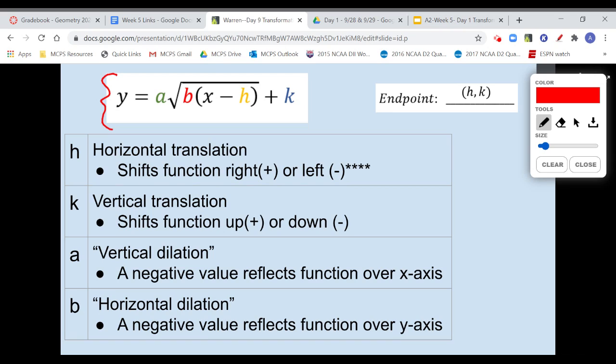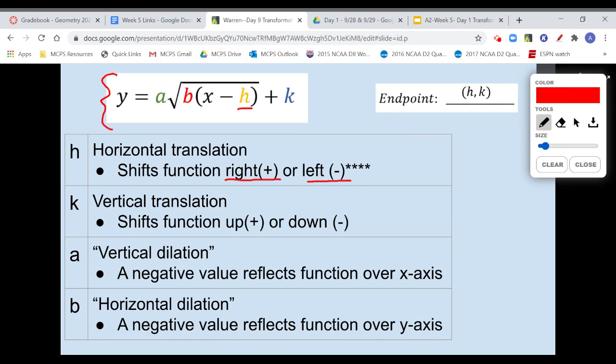If I put a number where the letter H is, that will horizontally translate my function. That means my function will either move right or left. Okay. This is actually the trickiest of all of the four, so we're going to come back to that in a second. But I'm going to keep moving for now.